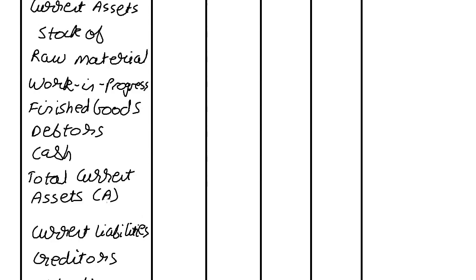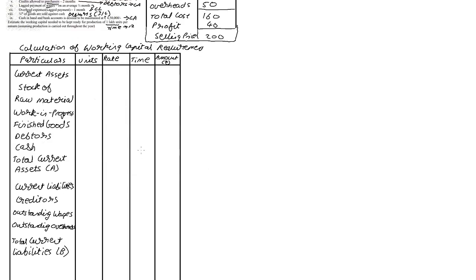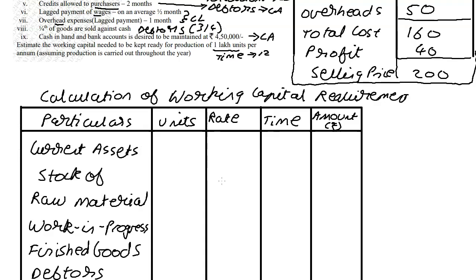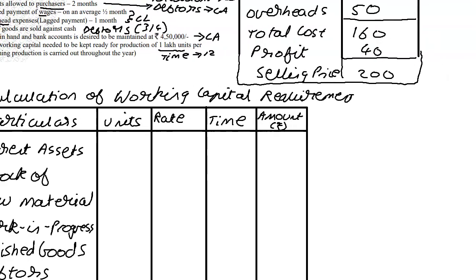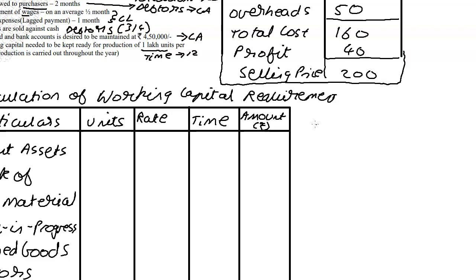Okay, now that we have the basic structure of our working capital requirement table in place, we are now in a position to start filling up. As far as units are concerned, if you remember, the formula for units is annual production on time.